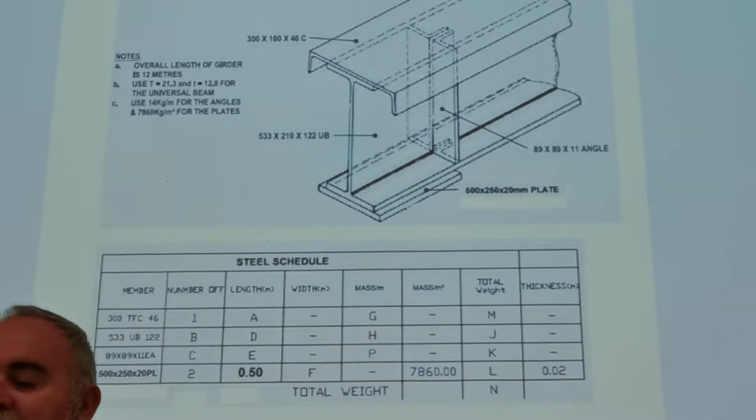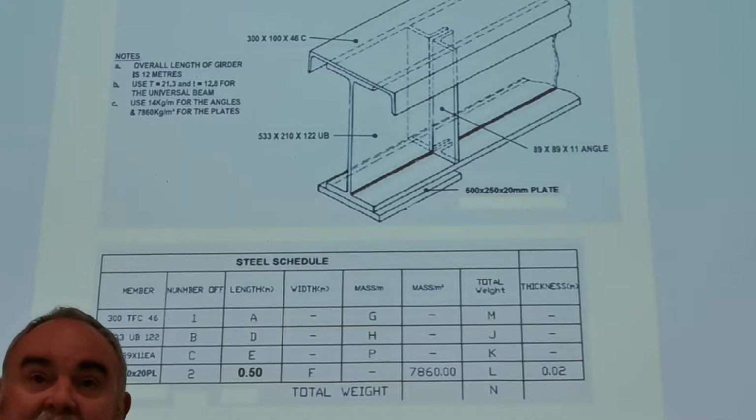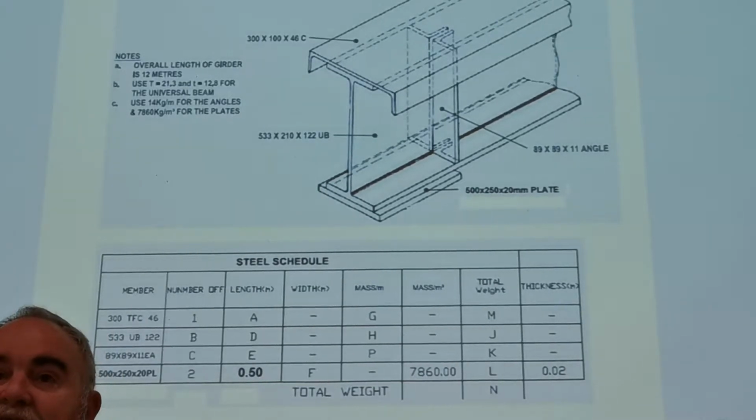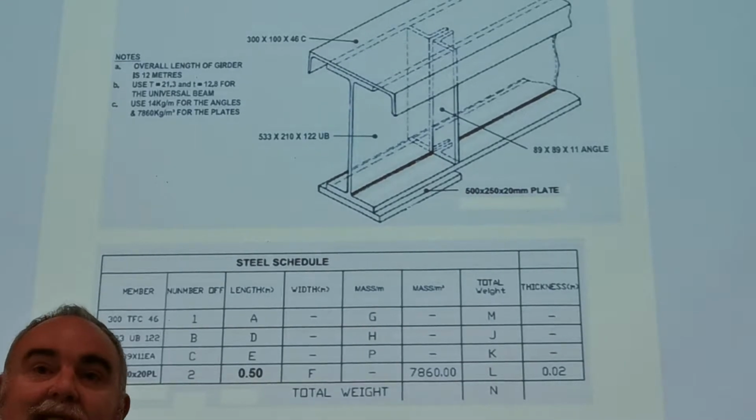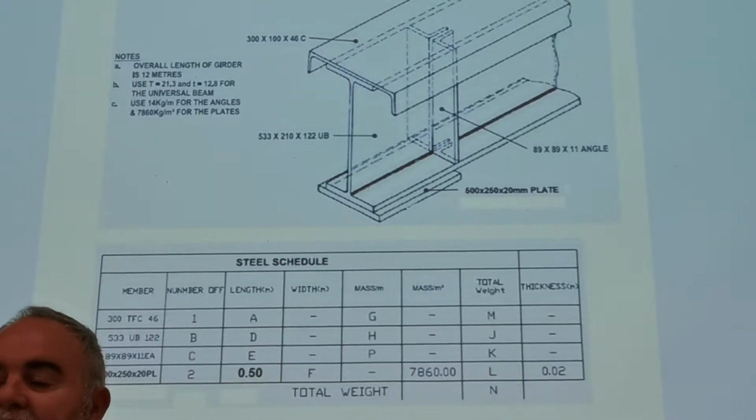So whilst I'm going over this in revision class, this will not necessarily be the numbers you'll be crunching in the test. But if you understand the concept, it'll be very, very simple to put different numbers in there. Okay?